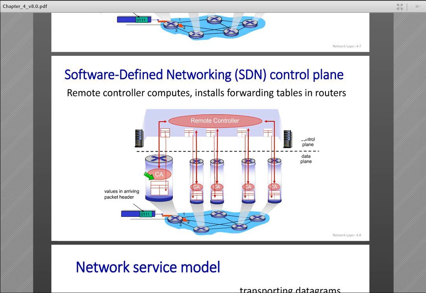Why is this important? Because I can assign a simple server into my network and run the SDN server in that server. And then, instead of having a complicated router, I can have a simple router. Why simple? Because it does not think about too many things.